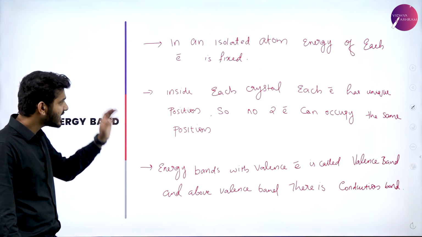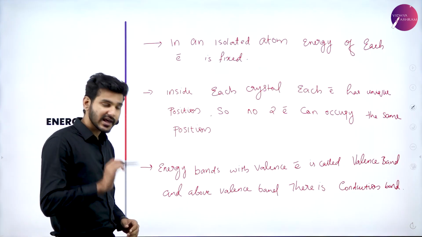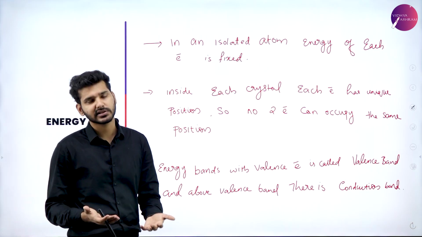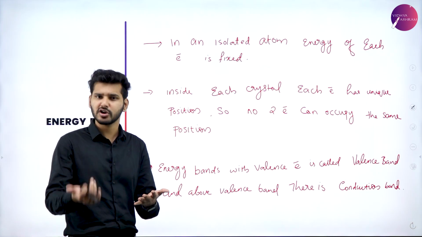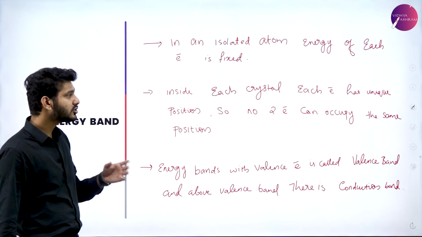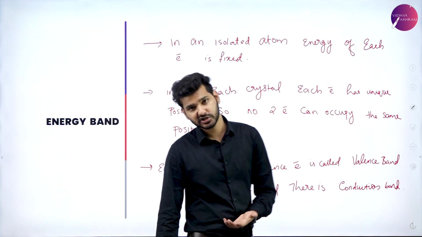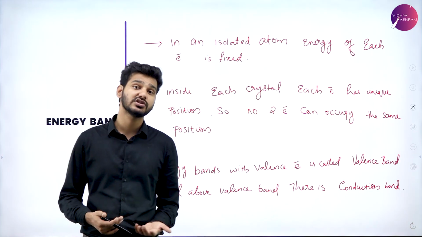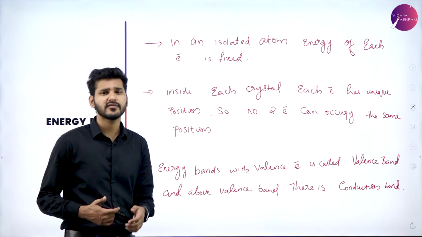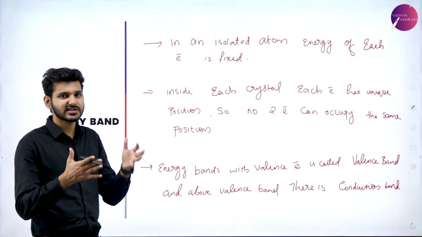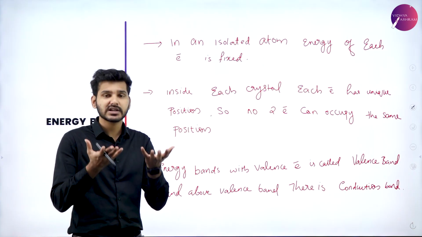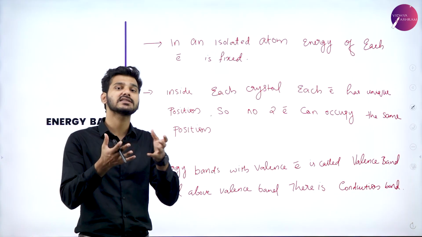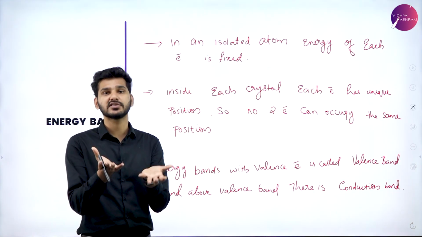And then we know that inside each crystal, each electron has a unique position. They are restricted to their own orbitals, either p orbital or s orbital or d orbital, just like that. So no two electrons can occupy the same position. You have already studied this in your chemistry lessons as Pauli's exclusion principle. It tells you that no two fermions, that is two electrons inside an atom, can have the same address.